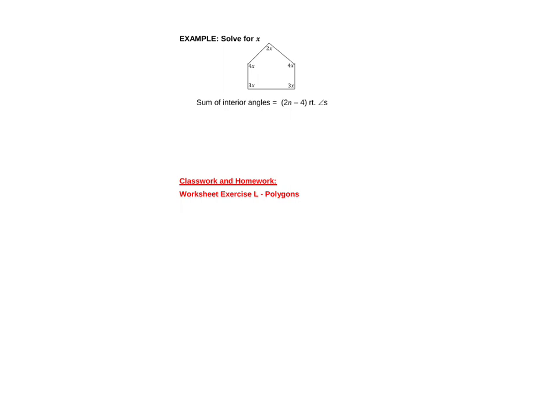Okay, now, so the sum of the interior angles, we kind of know the sizes of the angles in terms of x, don't we? So we can put it that way. We can say that 2x plus 4x plus 3x plus 3x plus 4x is equal to 2n minus 4 times 90 degrees.